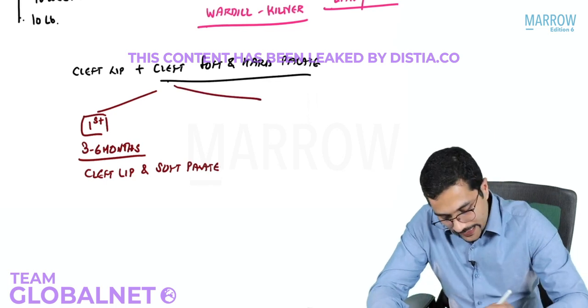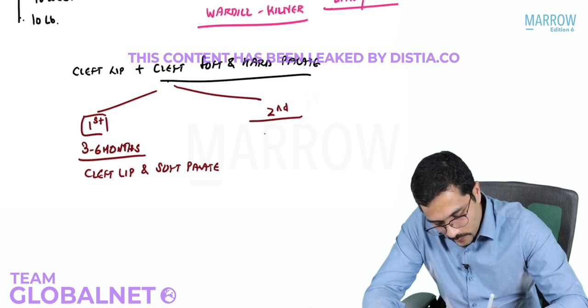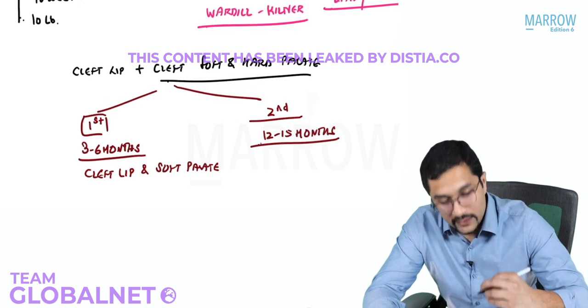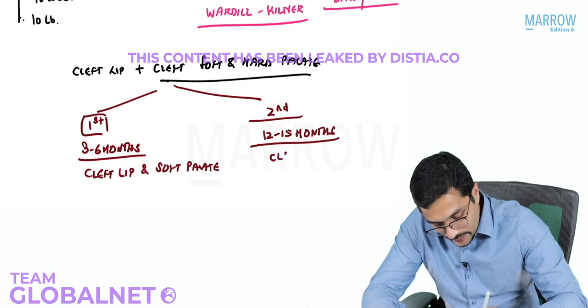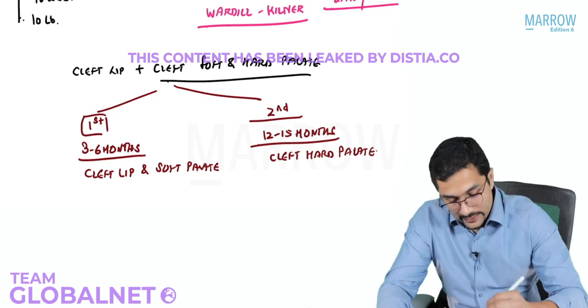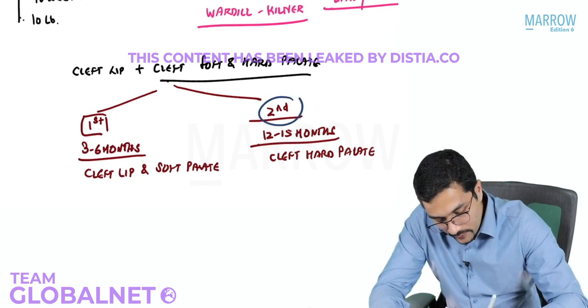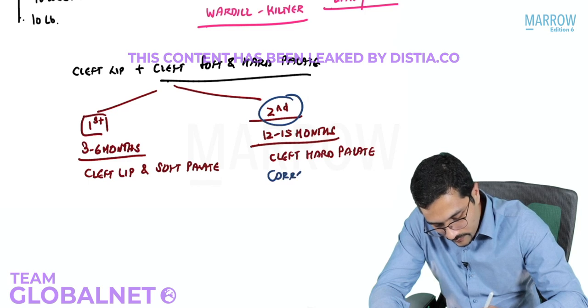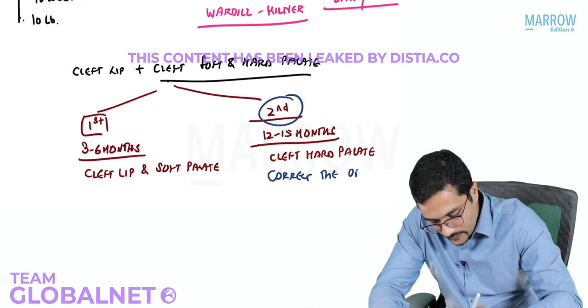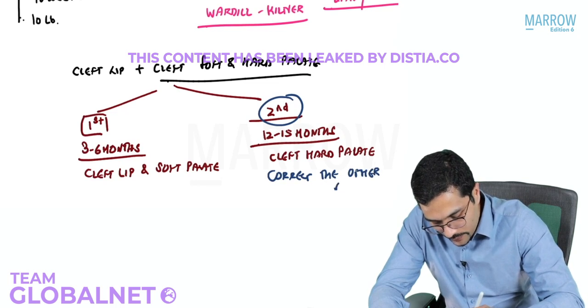The second surgery will be done at 12 to 15 months, and this is where we will repair the cleft hard palate. Here in the second phase we will also correct the other abnormalities from the previous surgery.